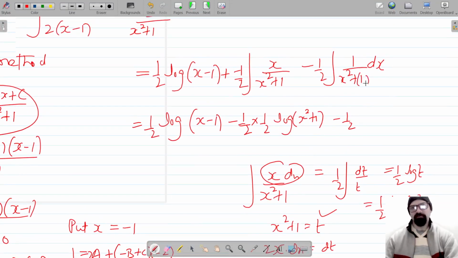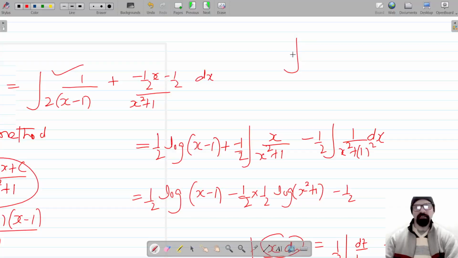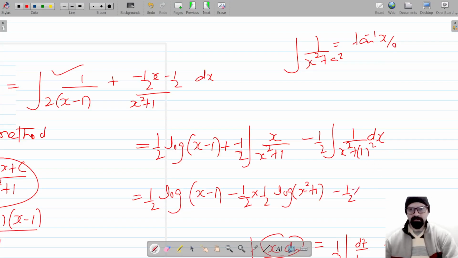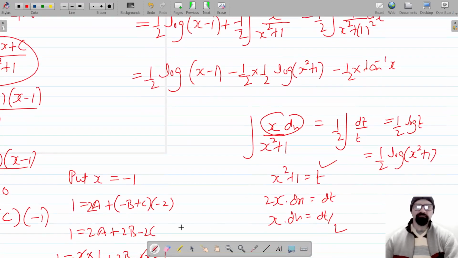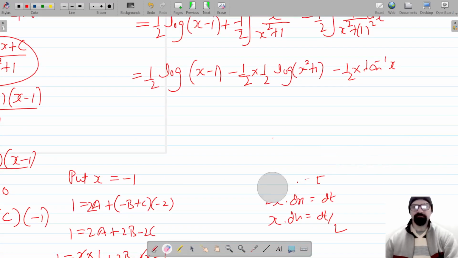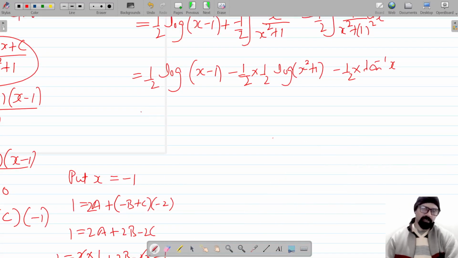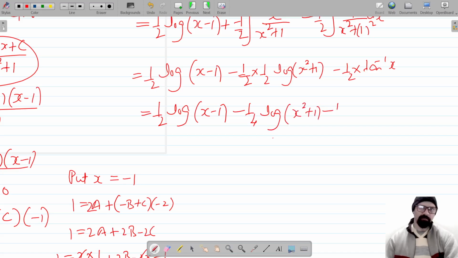And this is of the form x squared plus a squared, and the integration of 1 upon x squared plus a squared is equal to tan inverse x by a. So I can write here tan inverse x, a is 1. So finally, I1 is now half log of x minus 1, minus 1 by 4 log of x squared plus 1, minus half tan inverse x.